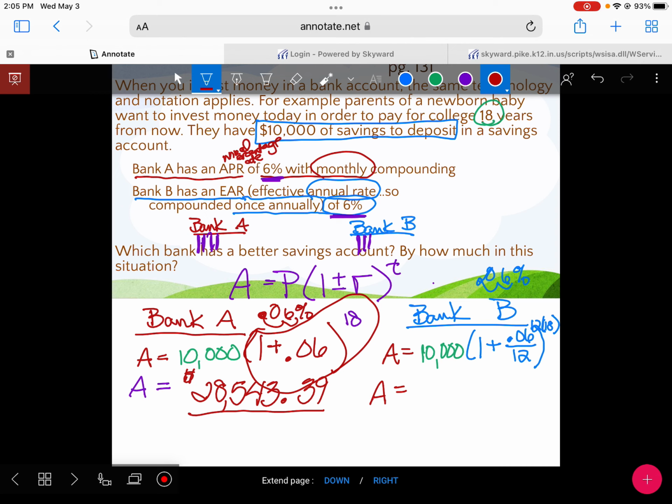Oh, that's not right. Oh, dang it, I did it wrong. 1 plus 0.06 divided by 12. There. Raised to the 12 times 18.